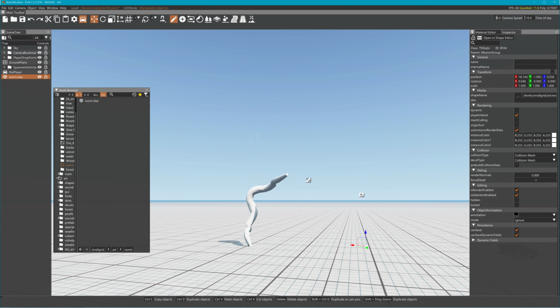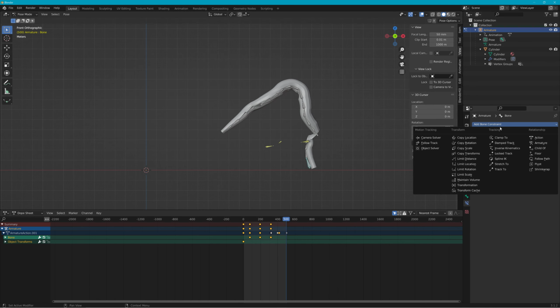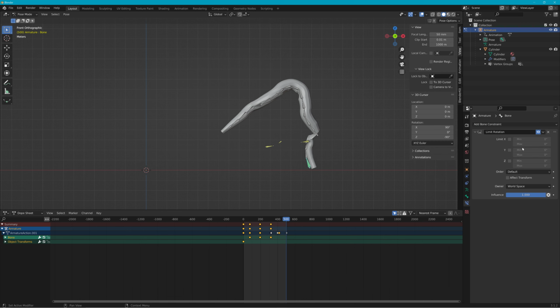So IK will work. Disregard the stuttering. That's just because I got the hierarchy wrong. I know it has something to do with the constraints. There's a limit rotation constraint that you have to, and I'm not sure exactly which one I have to assign it to.